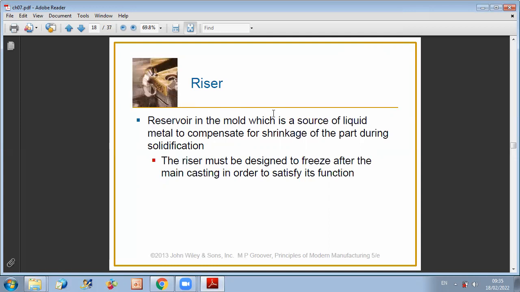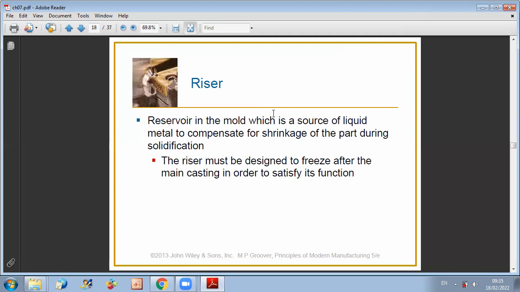Because the riser should continue to provide molten metal during the solidification process, it should be designed to freeze after the main casting. We'll see how we can study the geometry of the riser so that the metal in the riser will freeze at the end.